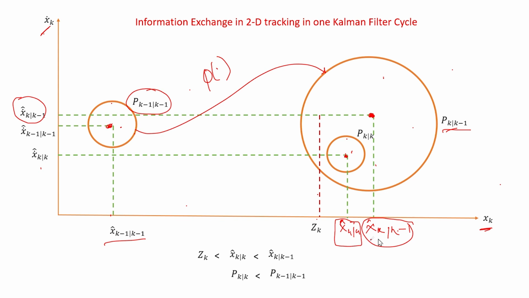You see your zk is in the left half of your predicted state, so your estimate xk will be somewhere between zk and the predicted xk. Obviously, comparing the larger circle of pk minus 1 and the smaller circle, your estimated error will be even lesser.